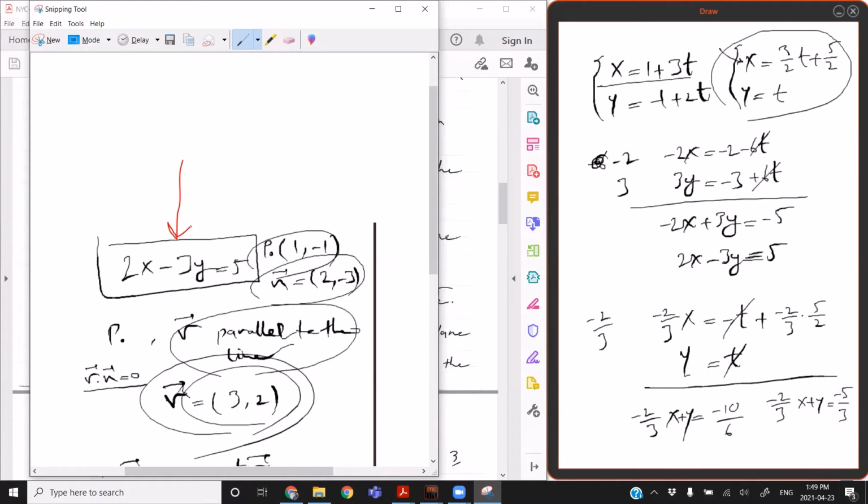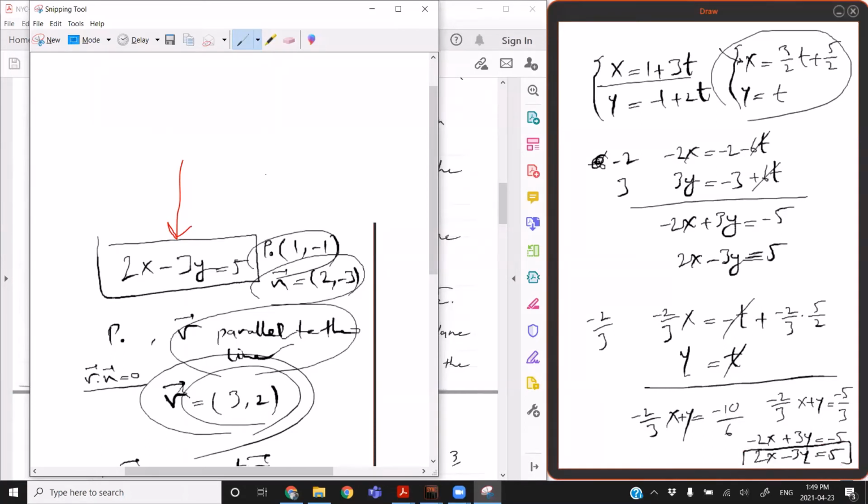Now, if I multiply both sides by 3, I get -2x plus 3y is equal -5. And then by a -1, I get 2x minus 3y is equal 5. I get the exact same equation.